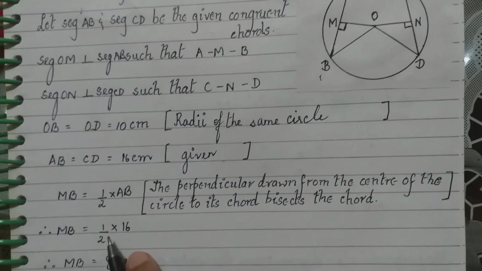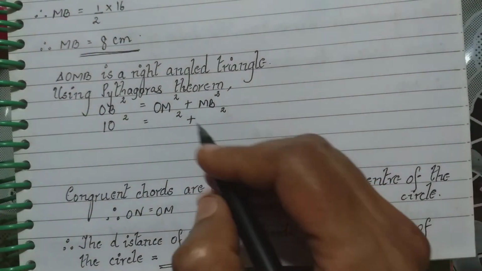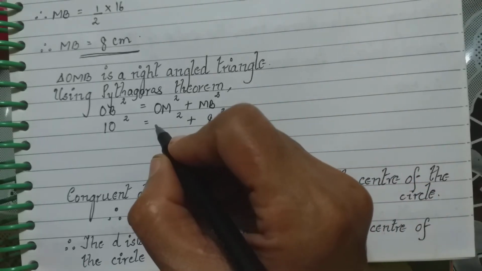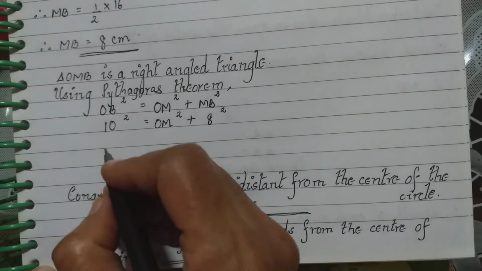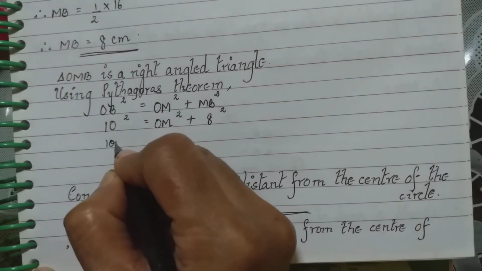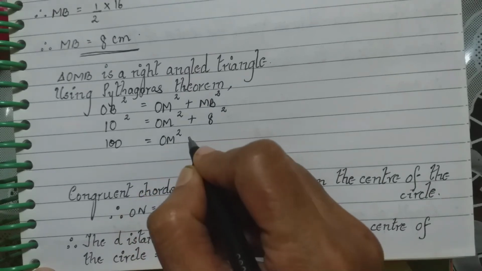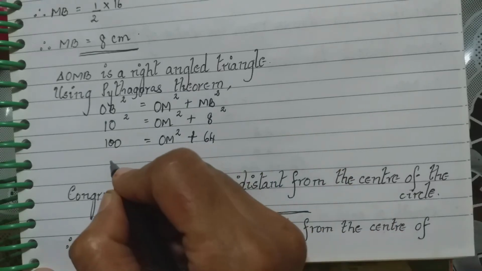MB just now we found out it was 8 centimeters. So in place of MB we write 8. So 8 square, and OM we don't know what it is, so it is written as OM itself. 10 square is 100 is equal to OM square plus 8 square is 64.